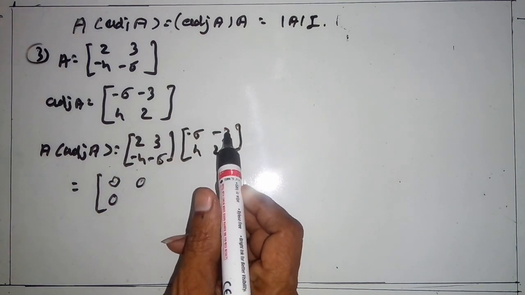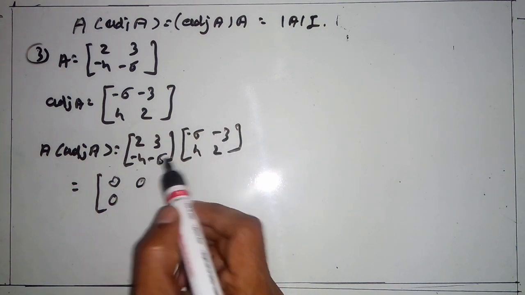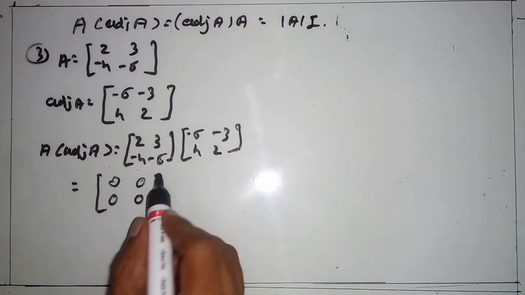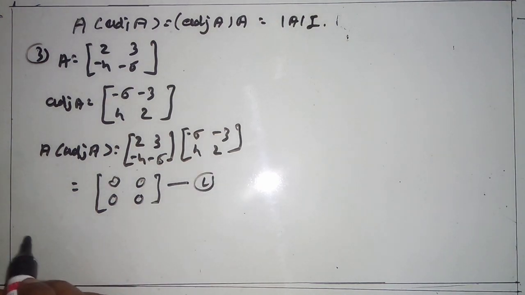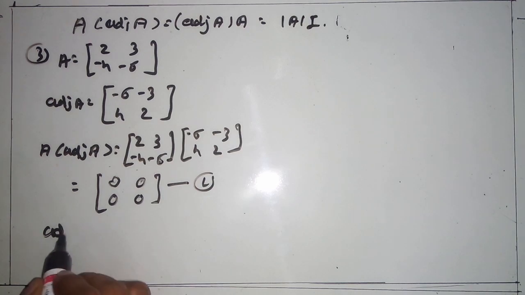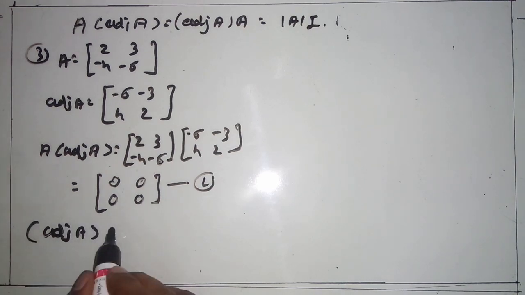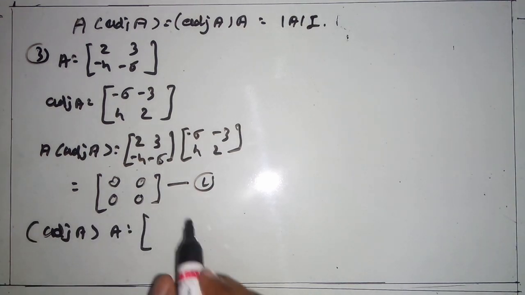Here 4 into 3, 12 plus, and minus 6 into 2, 12 minus, becomes 0. Take this as result number 1.